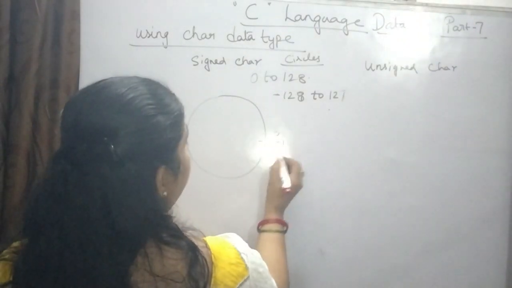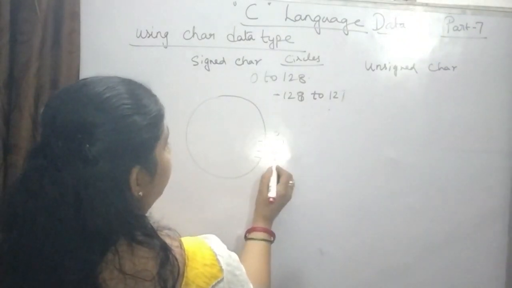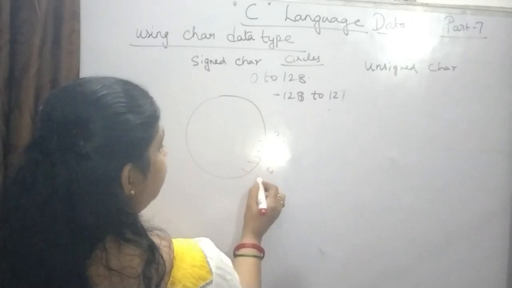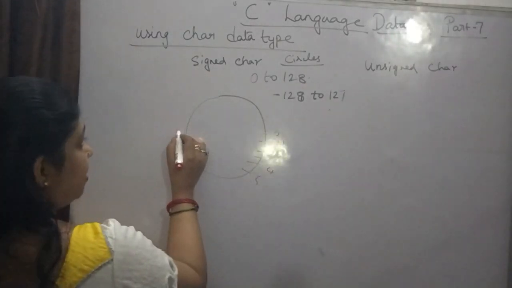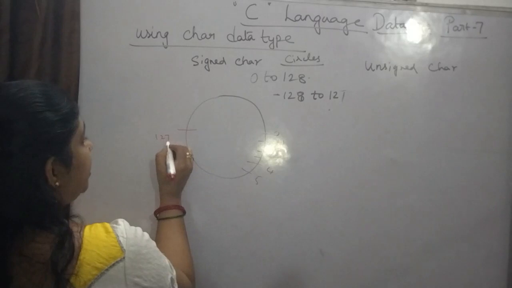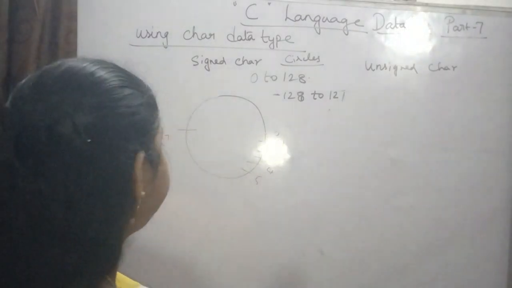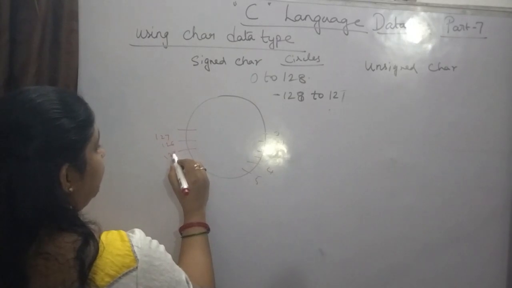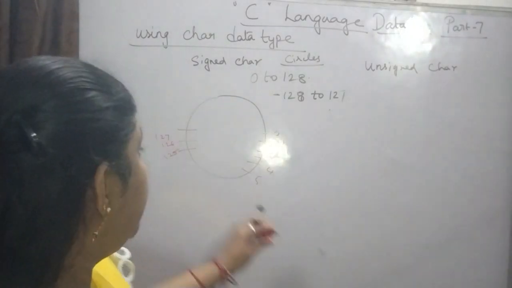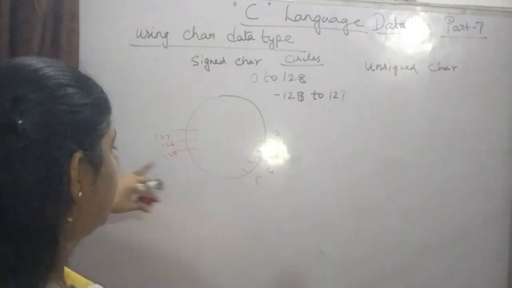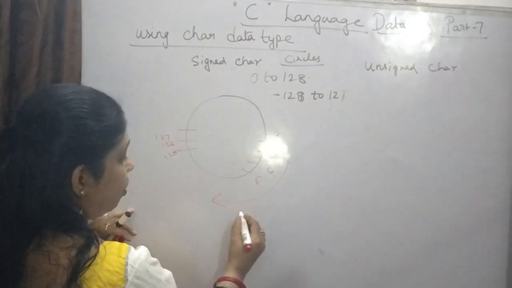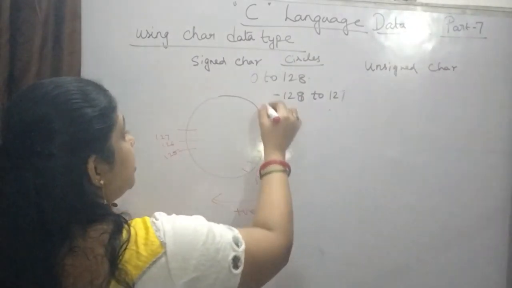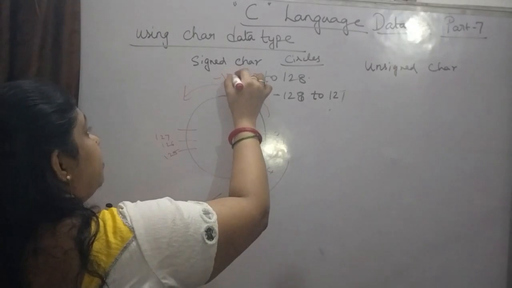Now positive 1, 2, 3, 4, 5, like that it comes around to 127, then 126, 125. Now these are the positive values, in the clockwise direction, and these are the negative values.